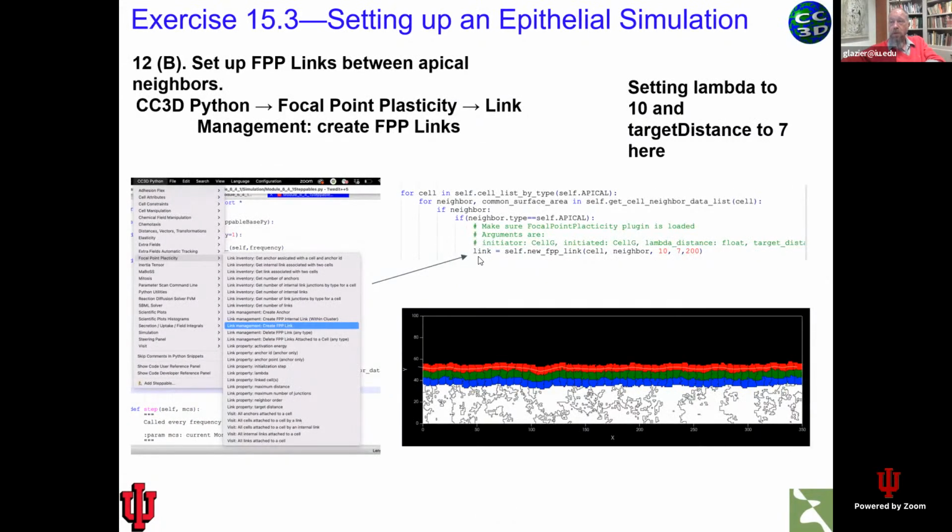So then we'll create link, self.new FPP link. That comes from our menu. Between the cell and the neighbor, we'll make the strength of the length 7, the target length 7, and the breaking length 200. And when you run that, you should see a white line, or black, depending on the color that you've used, running all the way across your simulation.